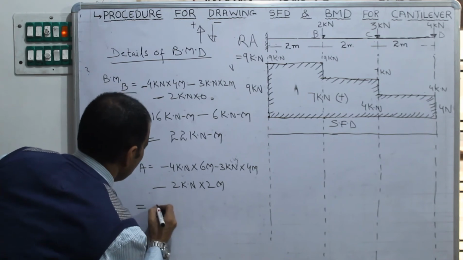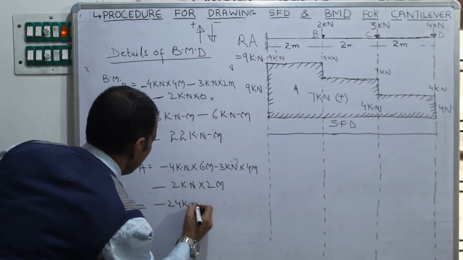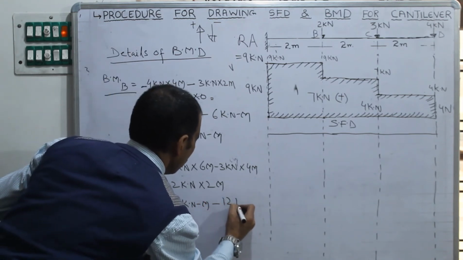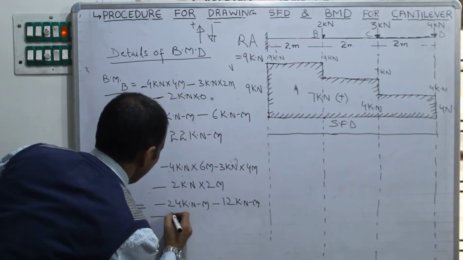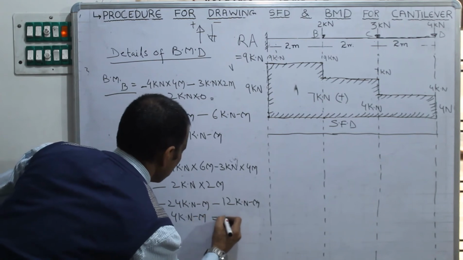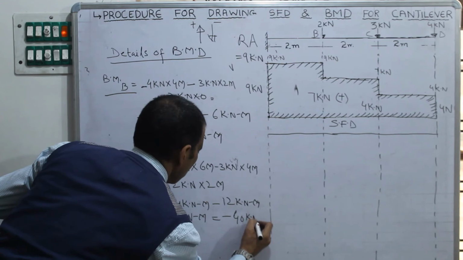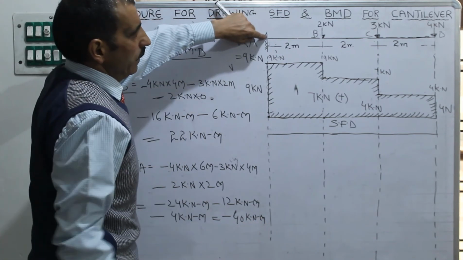It is minus 24 kilonewton meter minus 12 kilonewton meter and minus 4 kilonewton meter. It comes minus 40 kilonewton meter bending moment. This is bending moment here.